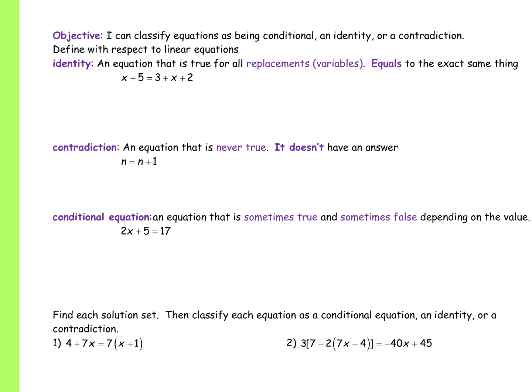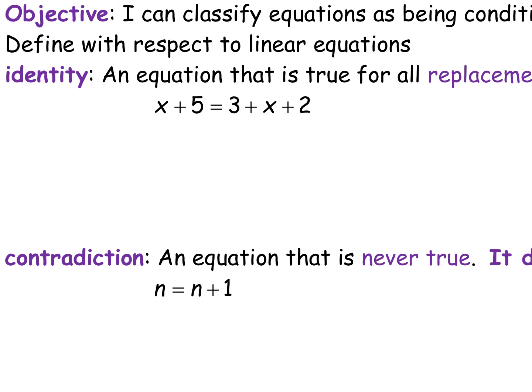It says x minus 5 equals 3 plus x plus 2. So if I'm going to solve this, I'm just going to zoom in. So x plus 5 equals 5 plus x, right? Subtract x from both sides, and I get 5 equals 5. I get the same thing equaling the same thing. It's an identity. No variable left, right? The variable's gone.